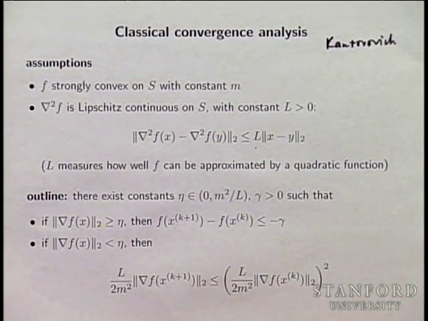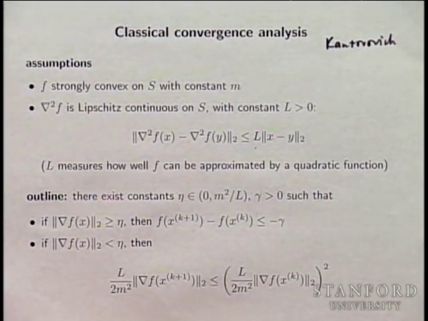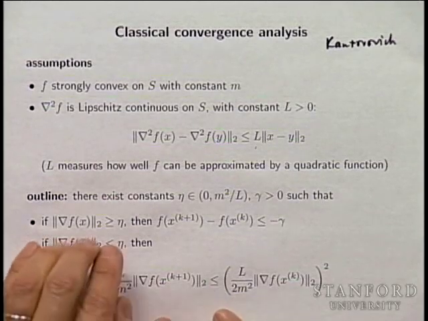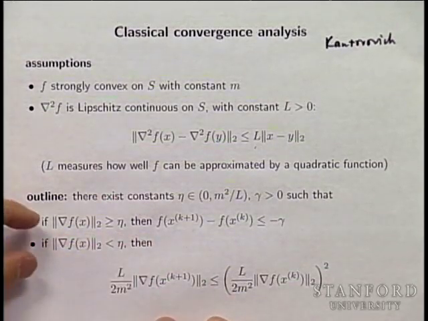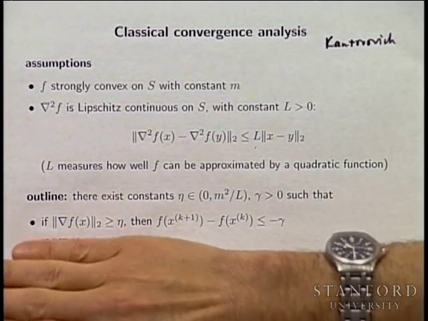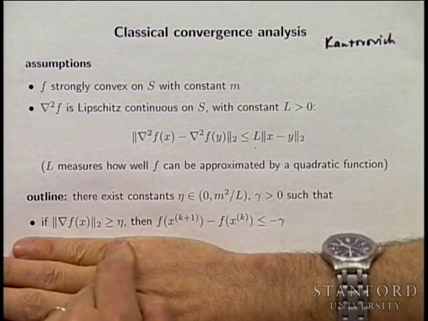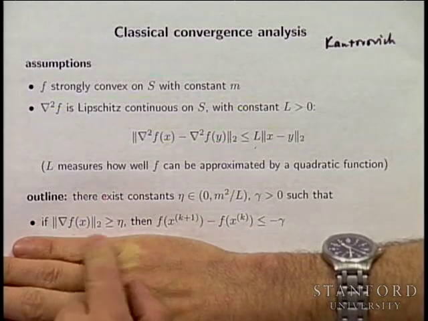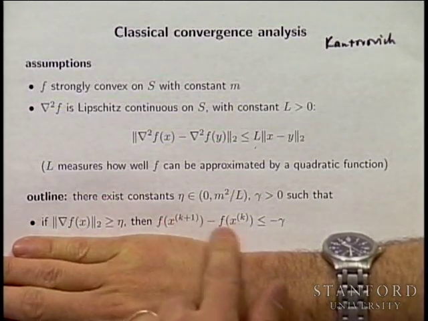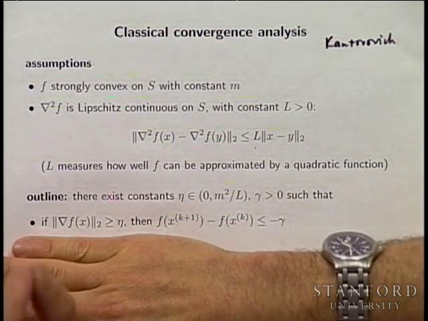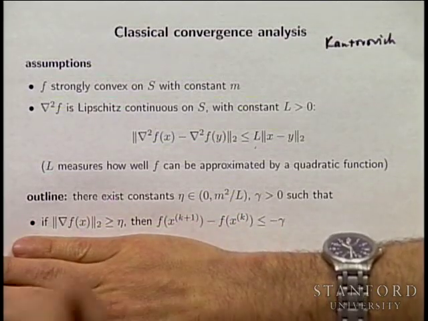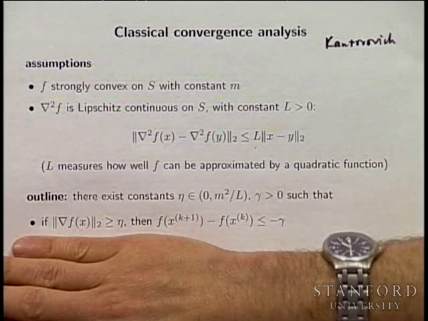Now, here's the way the classical analysis of Newton's method works. There's going to be two regions of convergence. If the norm of the gradient is bigger than some positive number, then you're guaranteed at each Newton step to decrease f by an absolute constant.